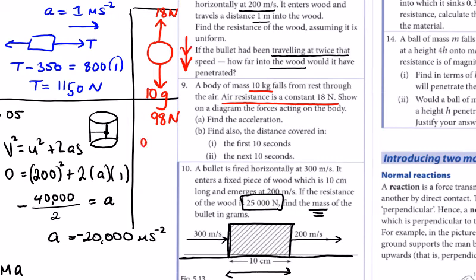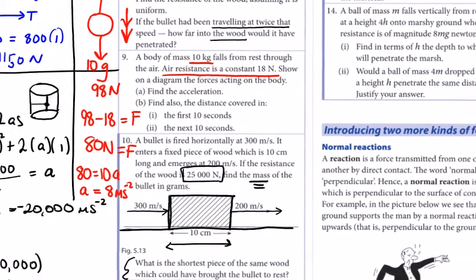We start with my 98. 98 minus 18 is equal to my resultant force, which is 80 newtons. And what are we asked to do here? We're asked to find acceleration. Well, F is equal to ma, so 80 is equal to my mass, 10, times a. So a in question 9 is equal to 8 meters per second squared.